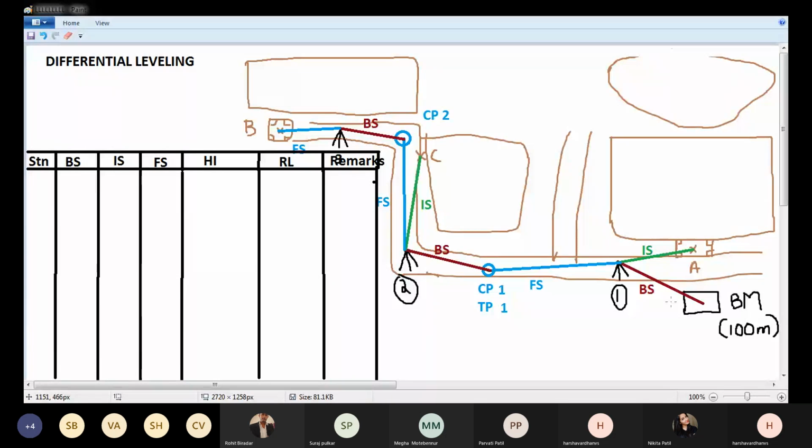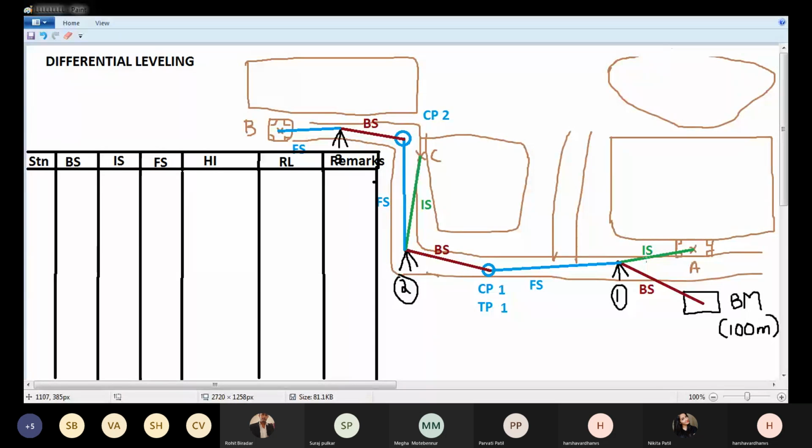Benchmark is a point whose elevation is known, and all of you know backside. Backside is a staff reading taken on a point whose elevation is known. So staff reading taken on benchmark is called backside.